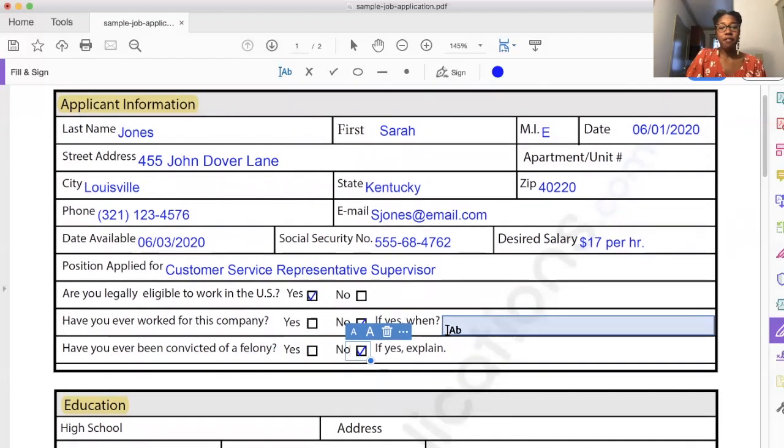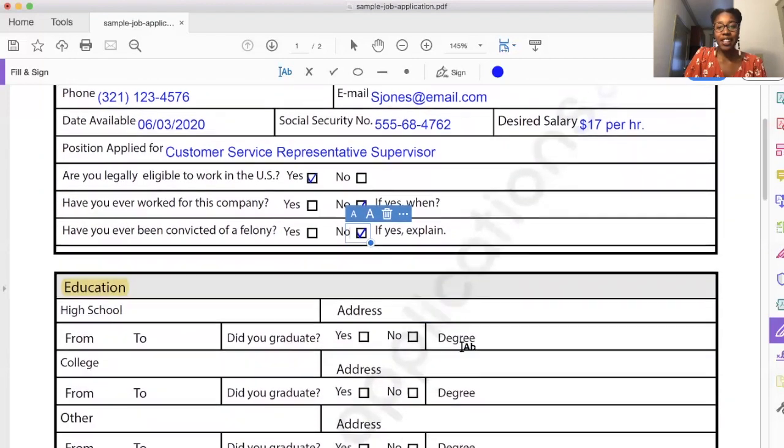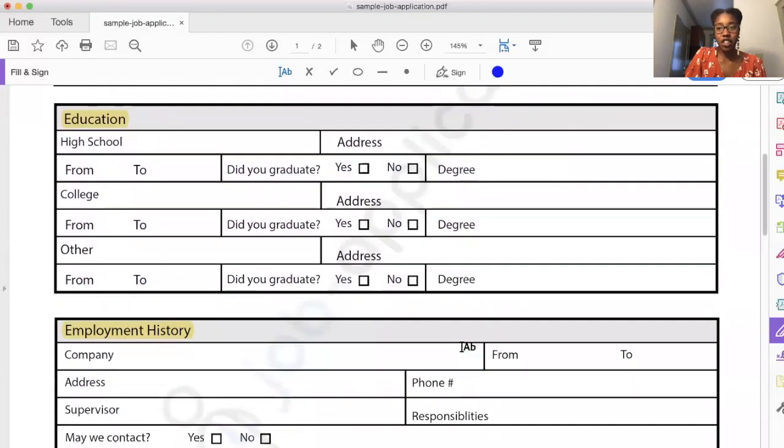So here we have finished our applicant information. Our next section is education. Sarah finished high school. She did not go to college and she did not do her GED or trade program.